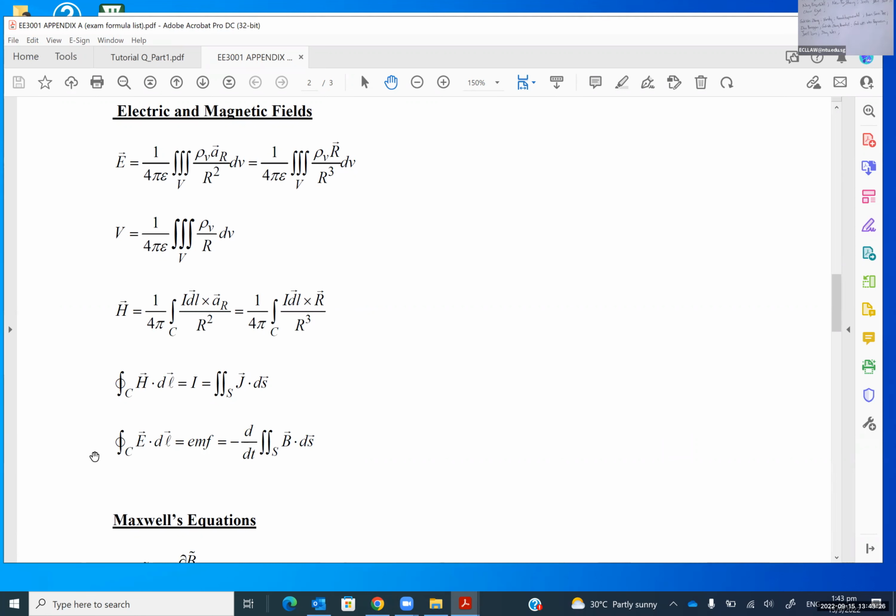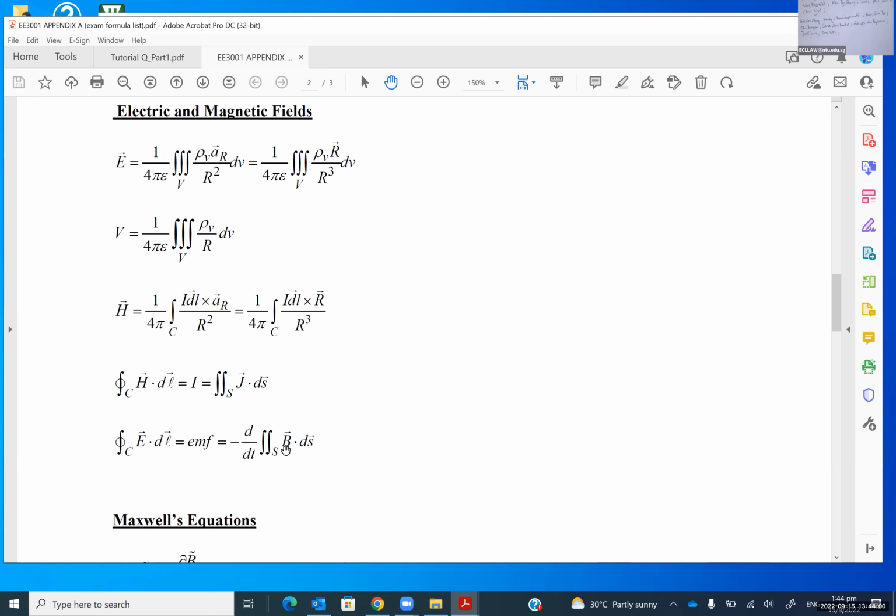Can you tell me in your own words, starting from the right hand side, what does this calculate? This is calculating the total magnetic flux, starting from a vector dot product of B and dS.